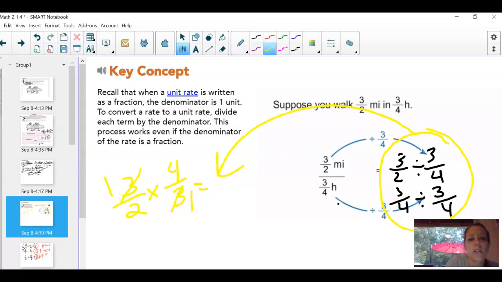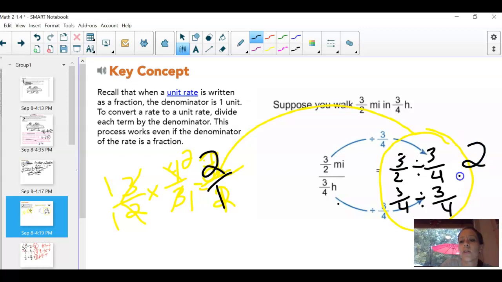So I've got 1 times 4 is 4. 2 times 1 is 2. Giving me 4/2, which I could cross cancel again, which would actually give me 2/1. If I didn't cross cancel, I would have ended up with 4/2. Well, 4 divided by 2 is still equal to 2. 2 divided by 1 is 2.